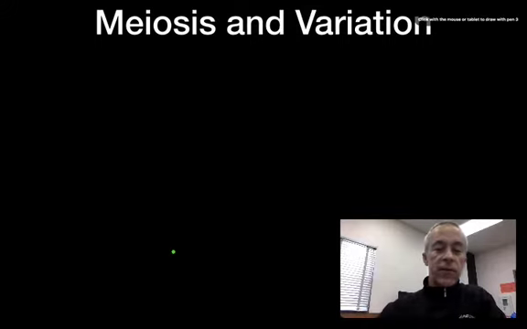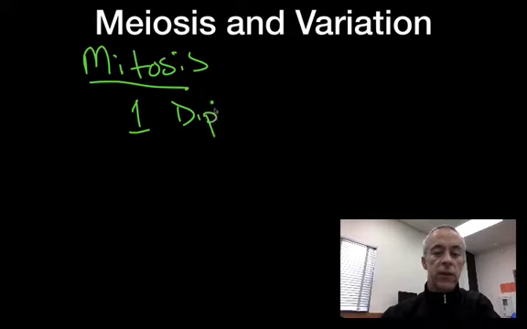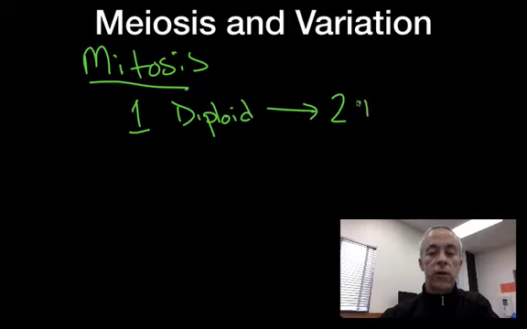Now you may be saying to yourself, that word sounds an awful lot like mitosis. They are very similar, but there are some key differences. I want to review the highlights of mitosis, in case you don't remember from previous classes. In mitosis, you start with one diploid cell, and that cell copies itself and becomes two identical diploid cells.